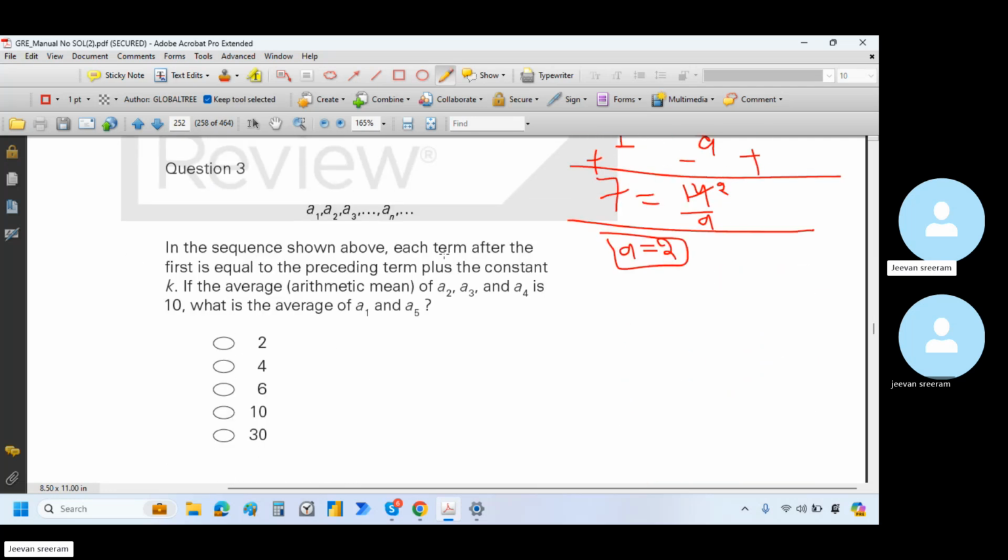In the sequence shown above, each term after the first is equal to the preceding term plus the constant k. So this is in AP. All the numbers are in arithmetic progression.